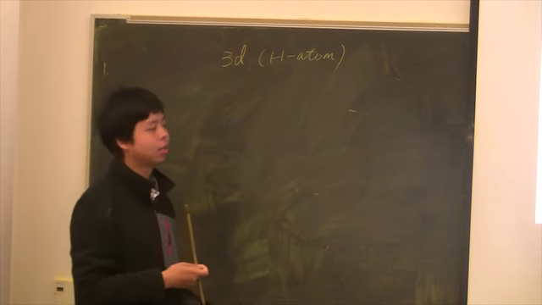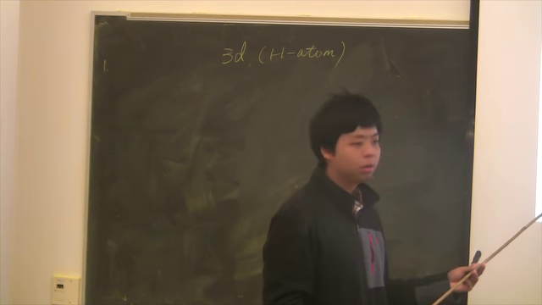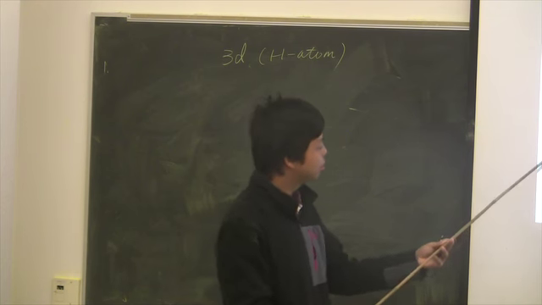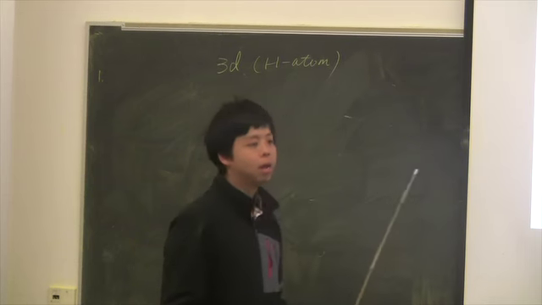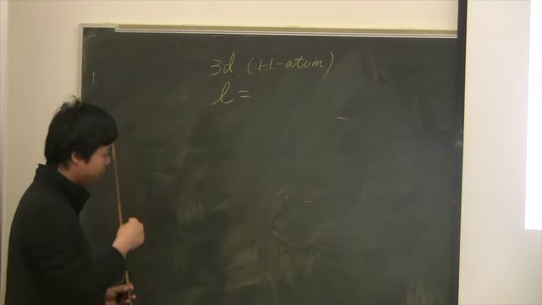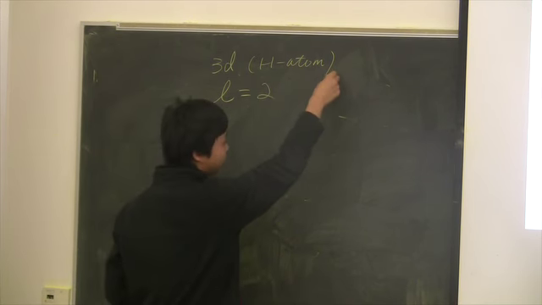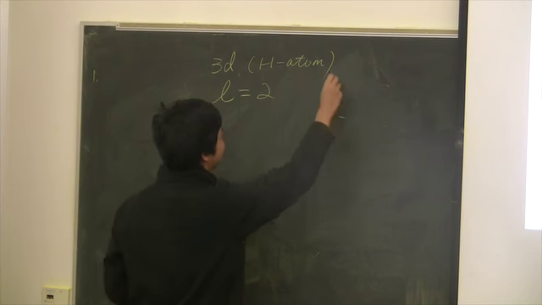In order to derive the term symbol, we need to determine L. And this is a hydrogen atom, so 2S plus 1 must always be 2. Anyway, we don't need to care about that. And then determine J. Based on this, what's the L value? So the symbol there should be D, capital letter D, right?